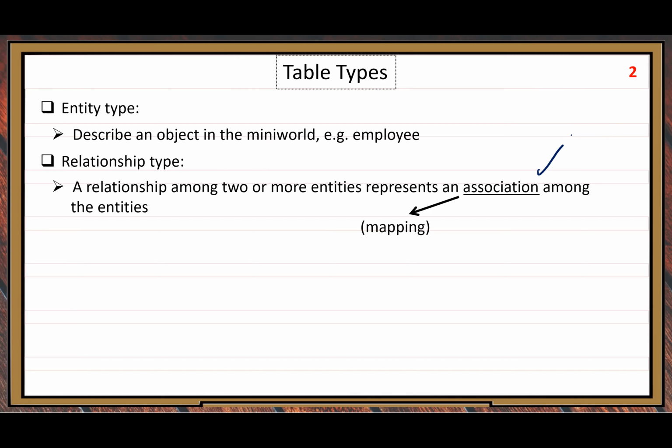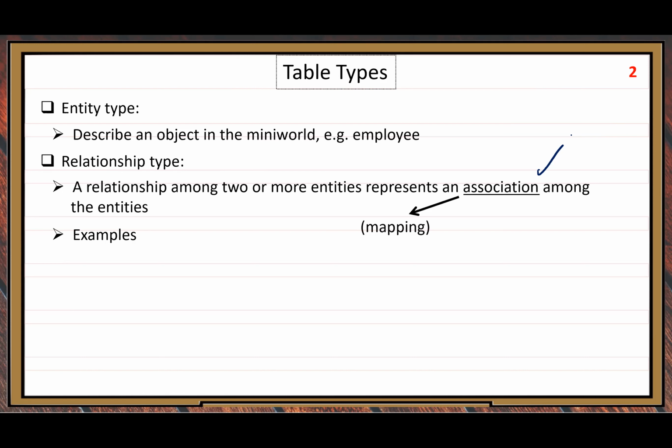The relationship type table is also very useful. Usually people are familiar with the entity type table, but not quite familiar with the relationship type table, but it's very useful. So here I'd like to explain a little more with two examples.